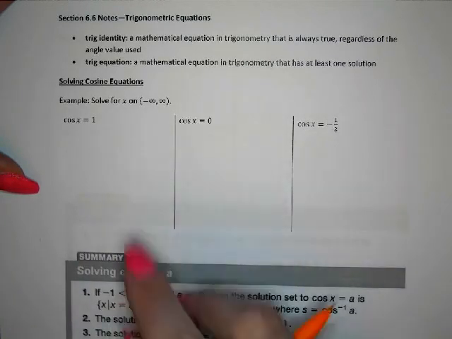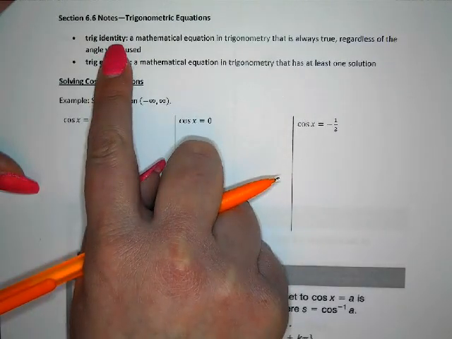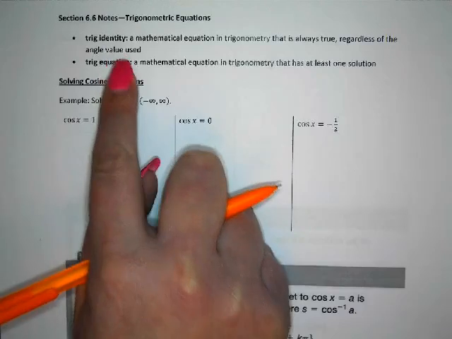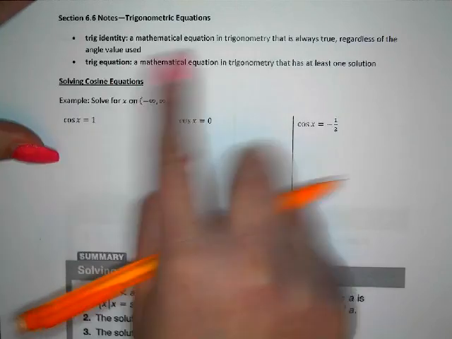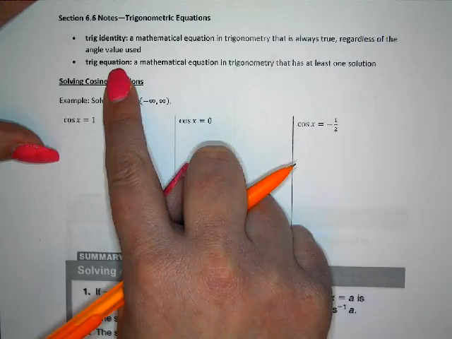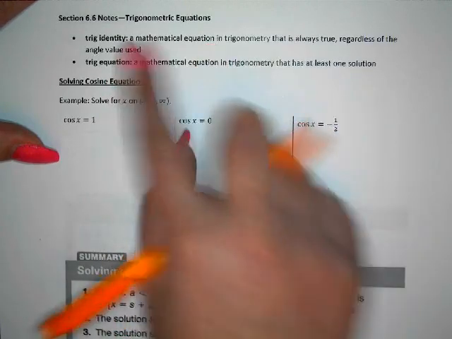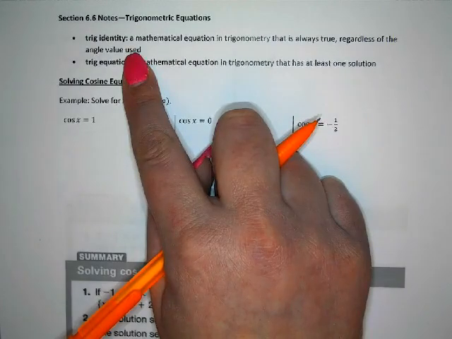I wrote some definitions here to help you determine the difference. There's a little bit of nuance between the two types of equations we've looked at throughout this unit. We have mathematical equations in trig that are identities and then just regular equations. The identities are ones where no matter what angle you plug in, they're always true.